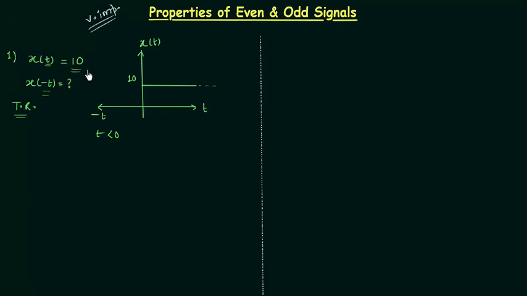You can see x(t) is equal to 10 for all values of time t. So we will have the waveform like this when time t is negative. This waveform is for x(-t), and this waveform is for x(t).